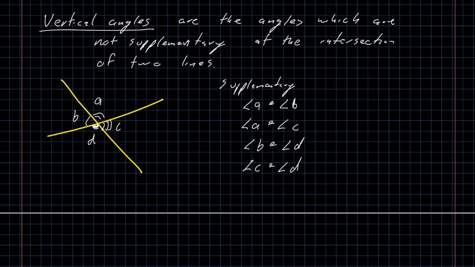All right. So which pairs are left? Well, we've matched A with both B and C, but we did not match A with D. Angle A and angle D are vertical angles.